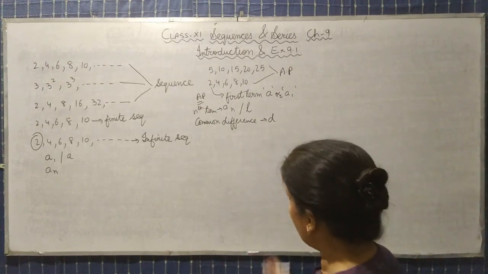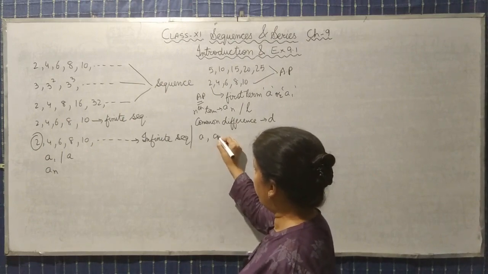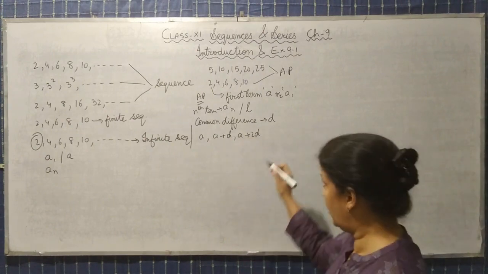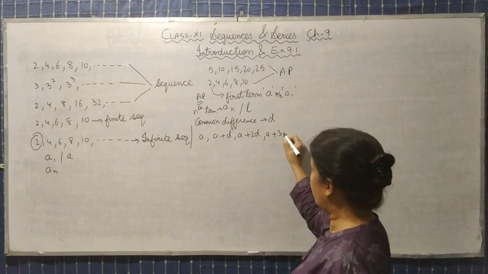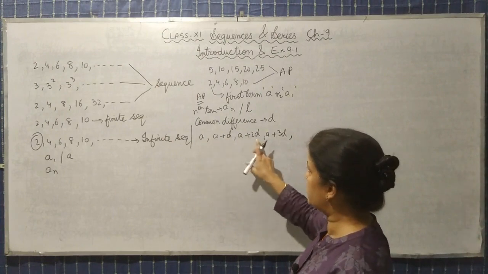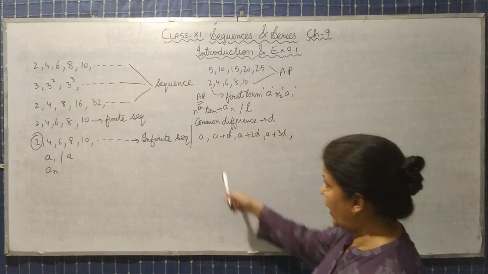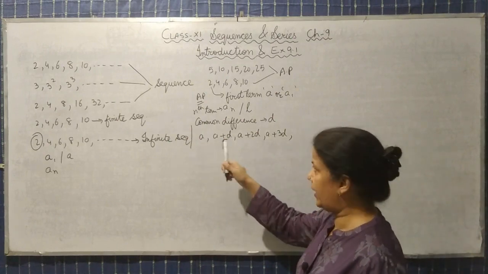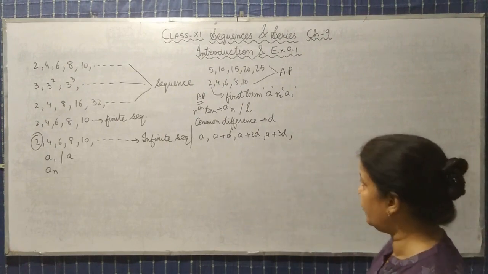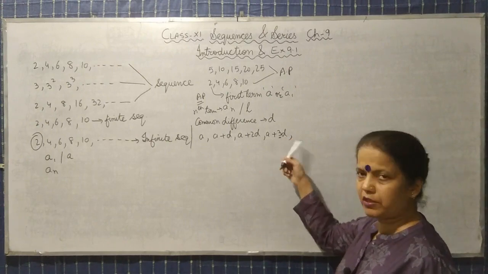Now, suppose the given AP is in this form. Is it an AP? Yes, because the common difference is the same: second minus first, third minus second, the common difference is D. And the first term, if we write it A, then the second term is A plus D, the third term is A plus 2D, and the fourth term is A plus 3D.